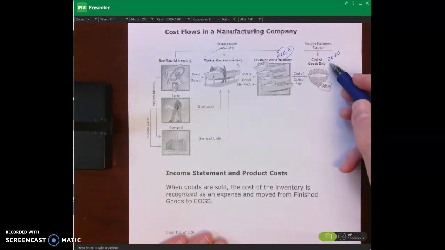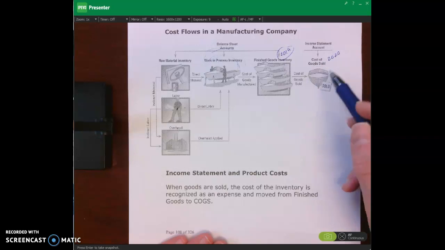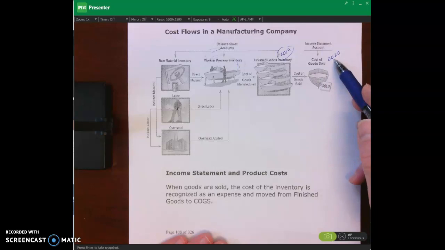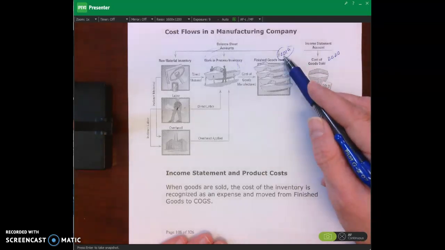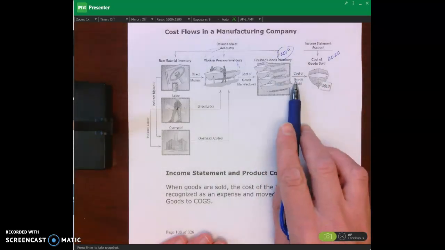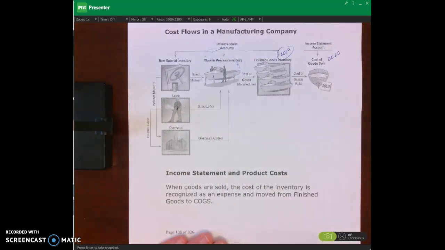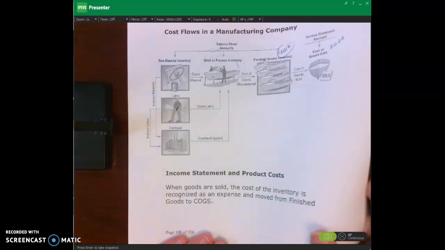So if we sell it in 2020, that $100 cost of our table will show up in cost of goods sold on the income statement for 2020, but it will stay as finished goods inventory for 2019, on the balance sheet. So this is the point at which it moves from the balance sheet to the income statement, okay?